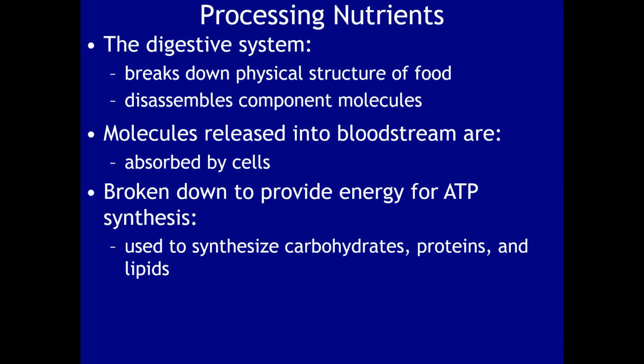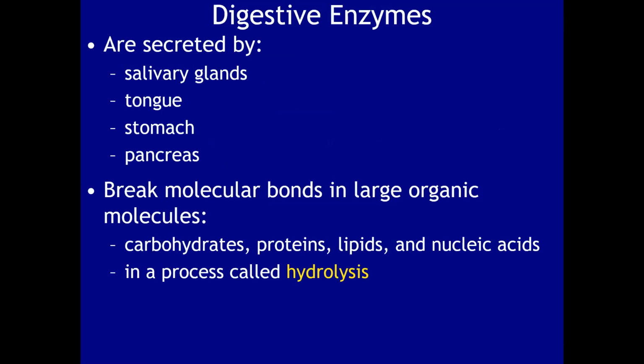And then we're going to synthesize more carbohydrates and proteins and lipids because we have this ATP available. Your digestive enzymes are going to be secreted by salivary glands in your tongue and your stomach and your pancreas. And molecular bonds are broken in the large organic molecules. And I just showed you that in the picture. And the process is called hydrolysis.